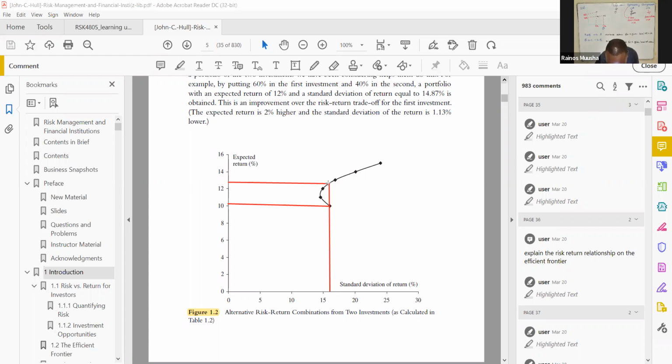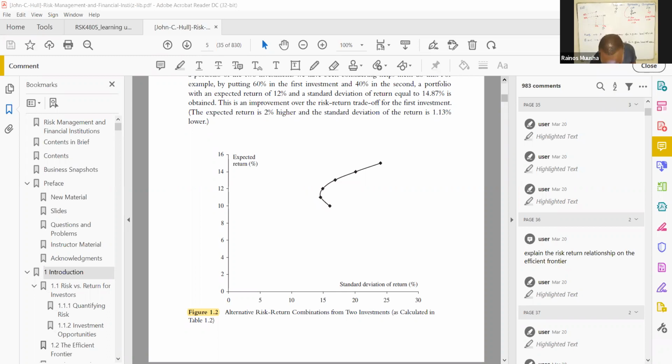You can be investing at this point and get this return for the same amount of risk. So what does that mean? It means in theory, our efficient frontier should start somewhere here and leave out this point, because the combination of portfolios found on the efficient frontier are those where we are able to maximize the return for a given level of risk and minimize the risk for a given level of what? Of return.